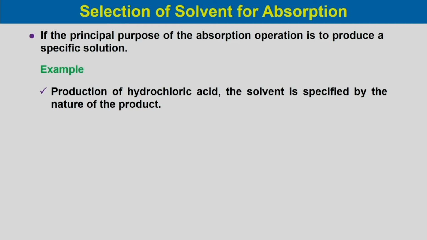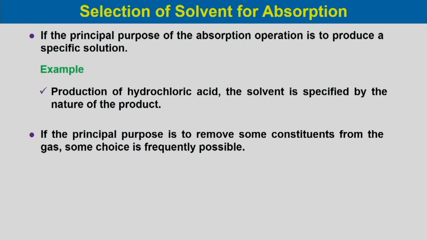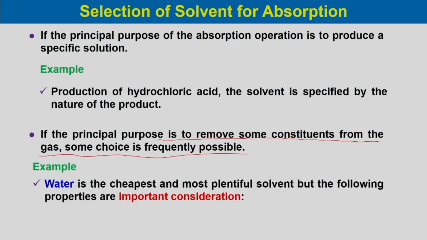But if our principal purpose is not the production of a specific solution, but to separate components, to remove or separate some constituent from the gas mixture, then the choice is frequently possible. Like water is the cheapest and most plentiful solvent, but the following properties are important considerations.